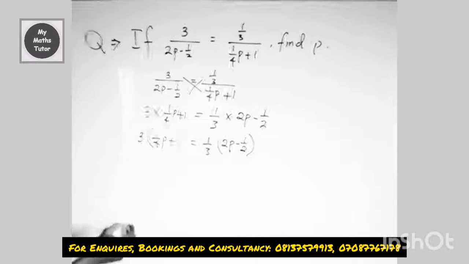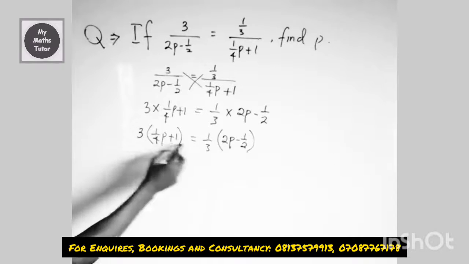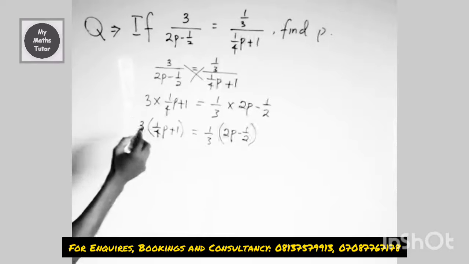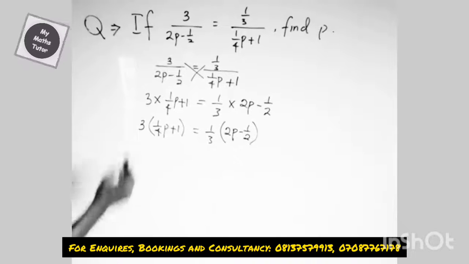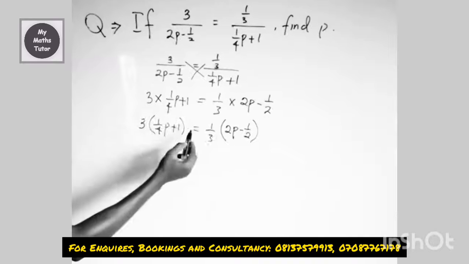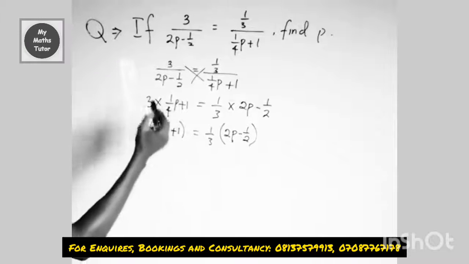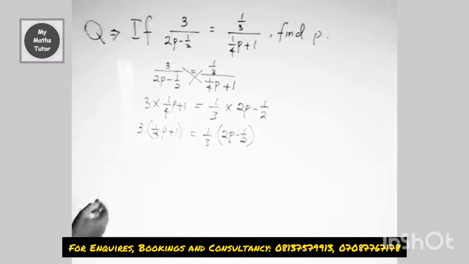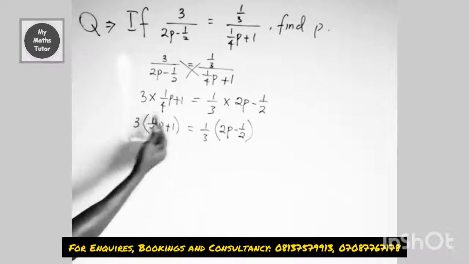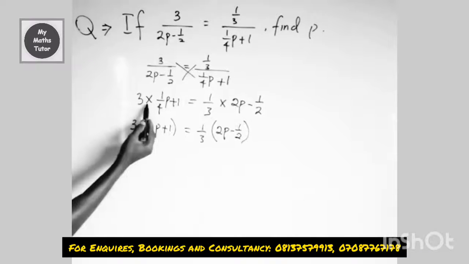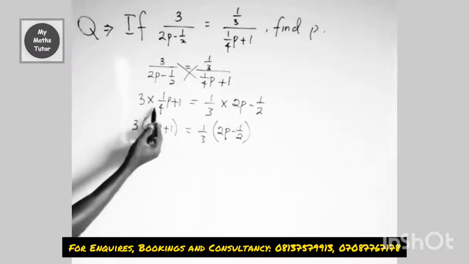Now, what have we done? The other time we used times, and now we are using brackets. We have only replaced the multiplication sign with brackets because we are dealing with algebraic equations, and to make it easier, we need to use brackets for easy multiplication and easy expansion.